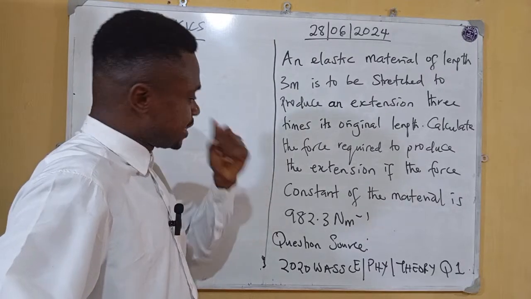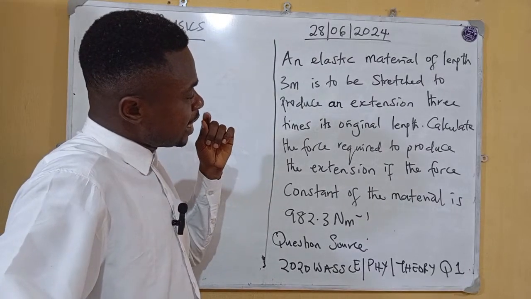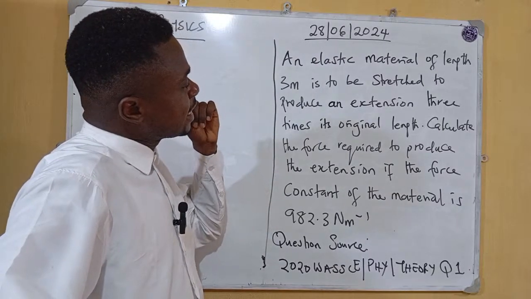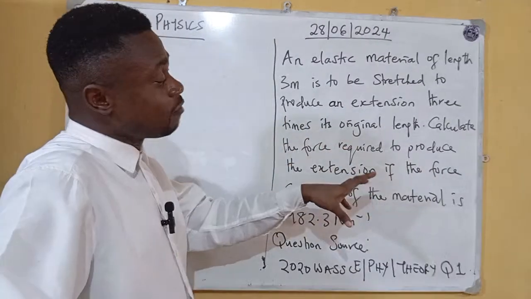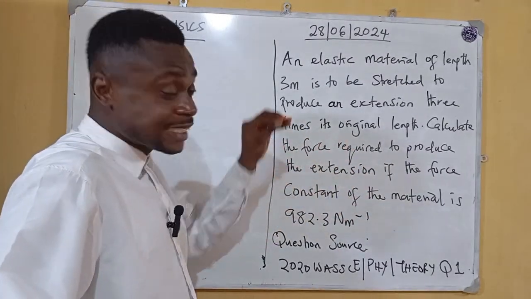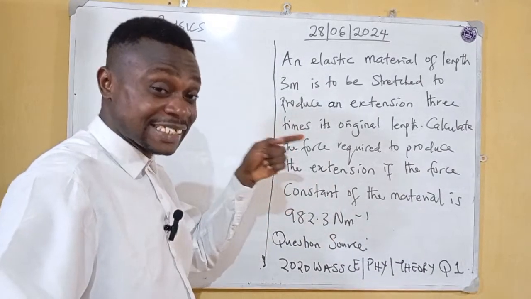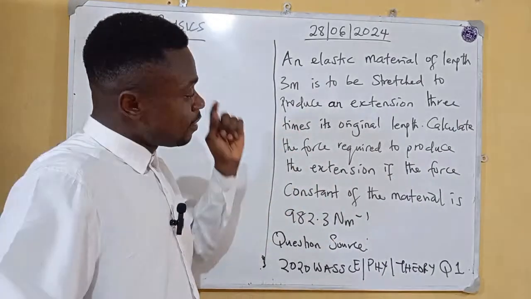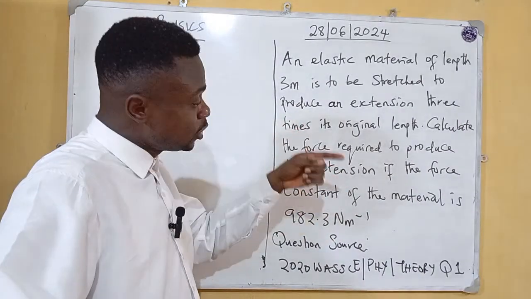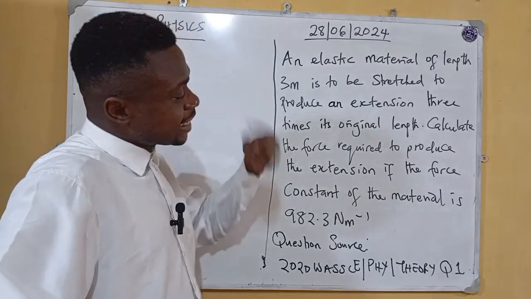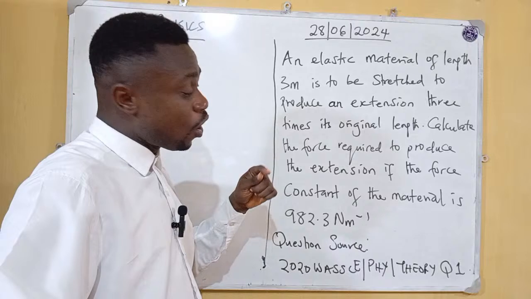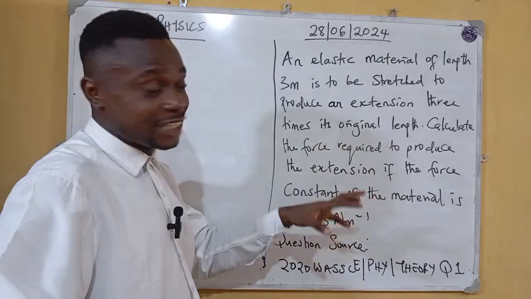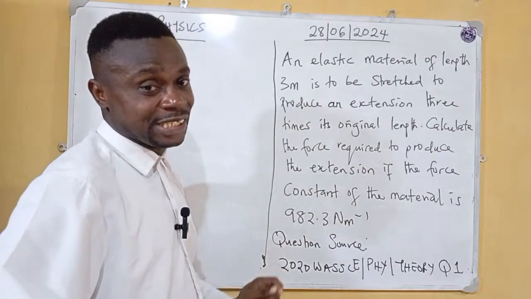Hooke's law states that provided that the elastic limit of an elastic material is not exceeded, the extension produced is directly proportional to the load or the force applied on the elastic material.